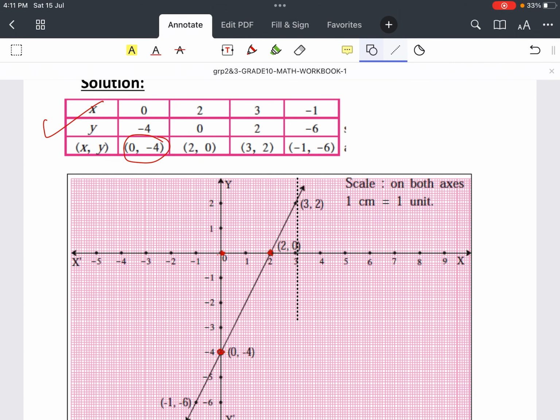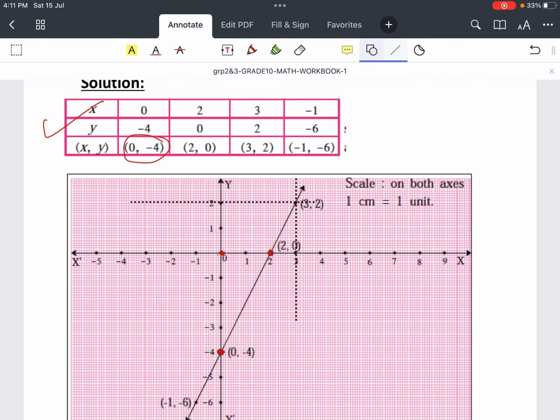Next, from 2, draw like this. So here this is your intersecting point. So this point we call the third point, which has the coordinates 3 and 2.